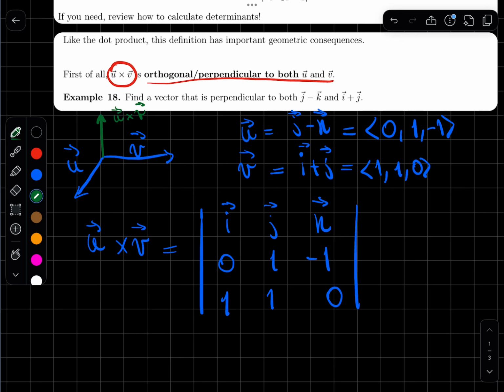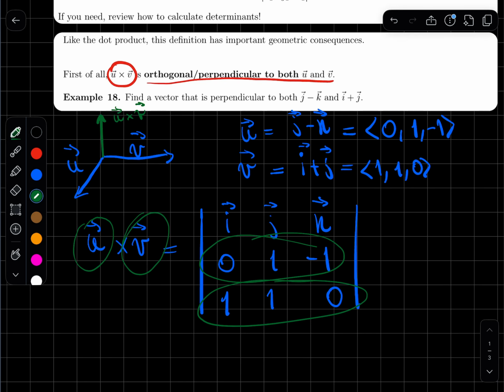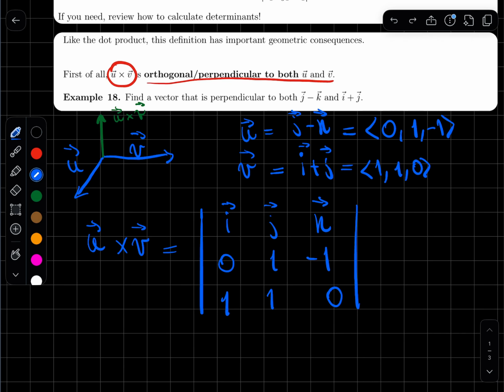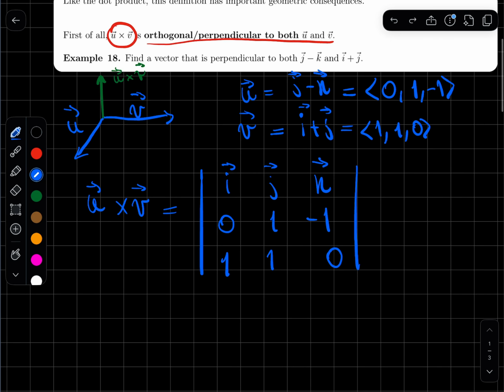But before I do that, pay attention to the order. U goes first row, second row, right, before V, which is third row. This matters here. The order in which you plug these in does matter. If you change the order, you get a negative sign in your answer, and that matters, especially for calculus when you're calculating areas, volumes, and such.